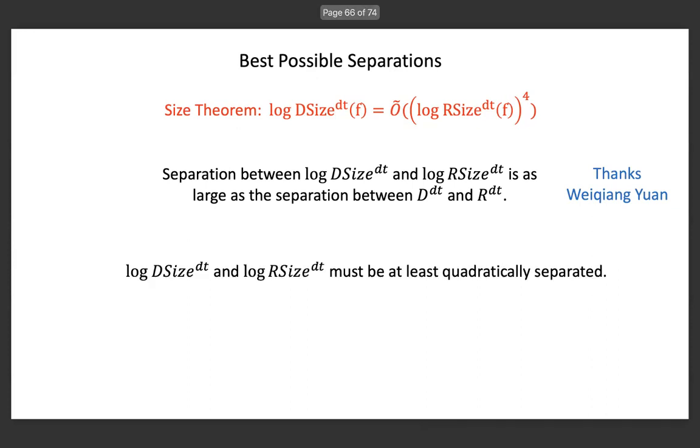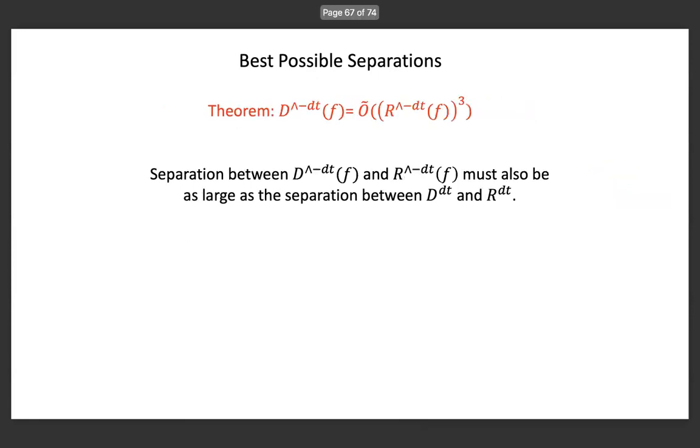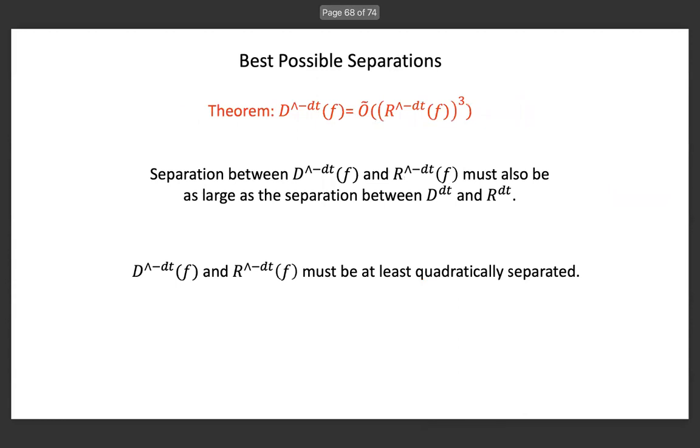And so the log of deterministic size and log of randomized size are at least quadratically separated, because deterministic depth and randomized depth are quadratically separated. And the same thing holds for AND decision trees. That is, the deterministic depth and the randomized depth in AND decision trees are at least quadratically separated.